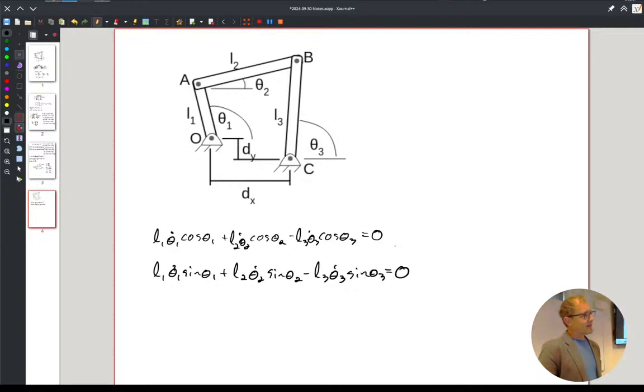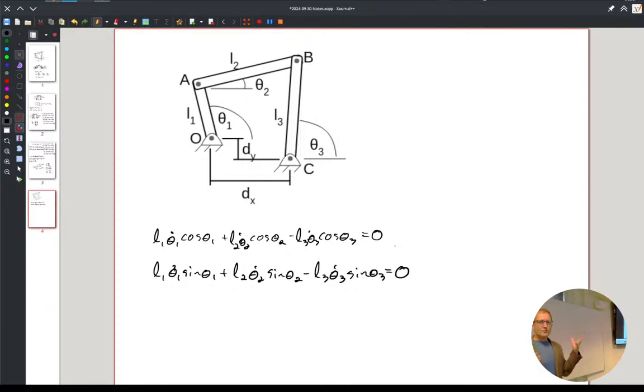Ages ago, a long, long time ago, in a classroom just right here, we were working on this 4-bar linkage. We came up with this equation for given angles and angular rotation rates.